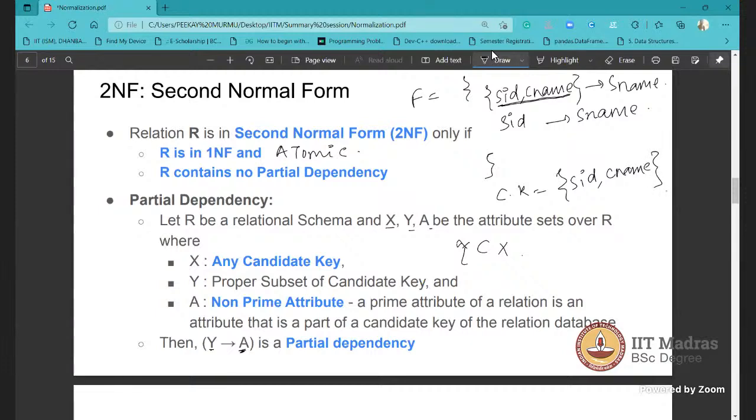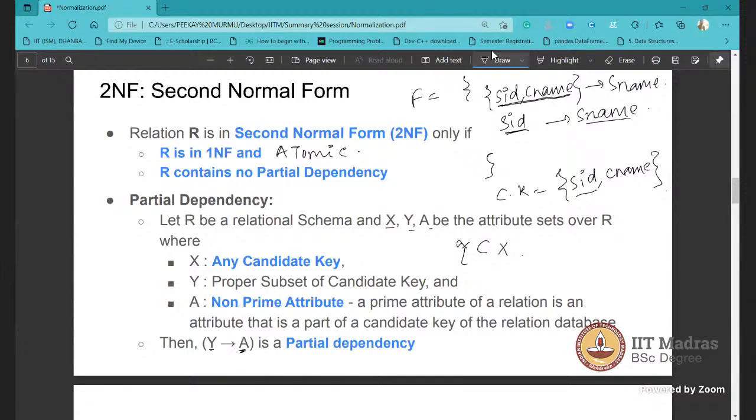And here you can see the partial dependency. Partial dependency means a proper subset of the candidate key determines a non-prime attribute. This SID is a proper subset of the candidate key, and it determines the non-prime attribute. SNAME is a non-prime attribute. Therefore, there exists a partial dependency in relation R, and in second NF it is not allowed.